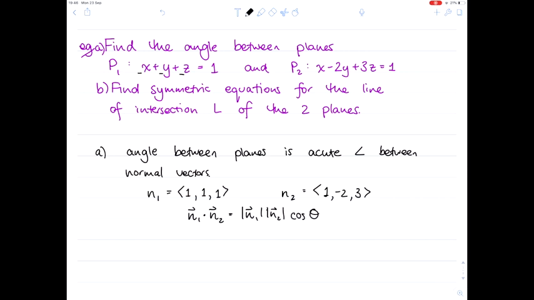And it's this that we want. So we can rewrite this as cosine of the angle between them is the dot product of the two vectors over the product of their magnitudes.